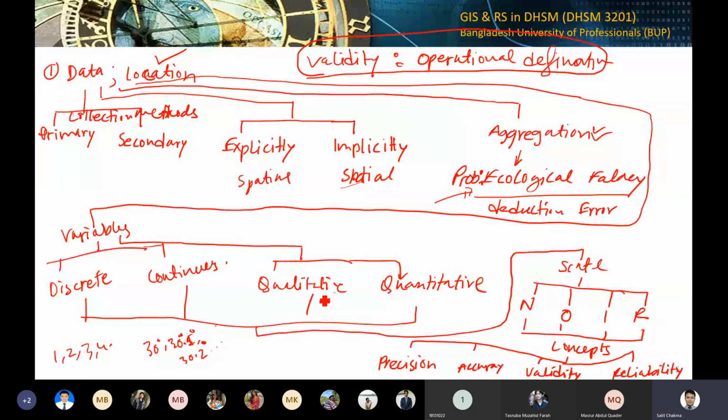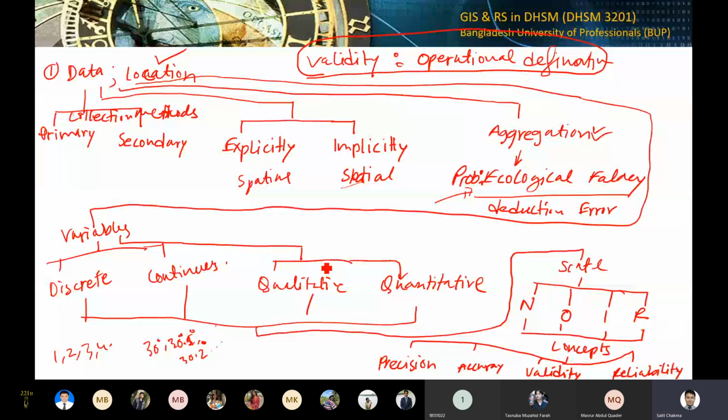Okay, so qualitative is, there is nothing which is countable. For example, you took an interview, so you cannot quantify interview. And quantitative is anything that can be counted. Okay, for example, you took rainfall data or temperature data or household data. So that one is quantitative. You can count them. They are numbers.